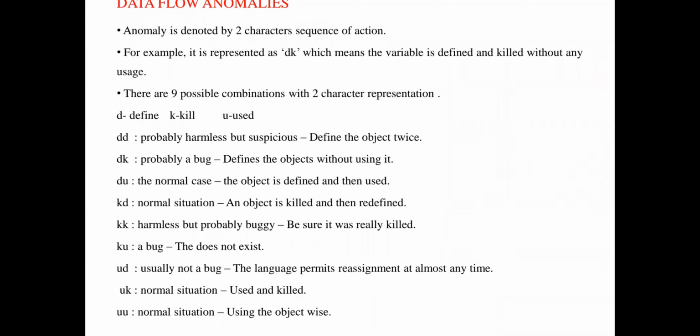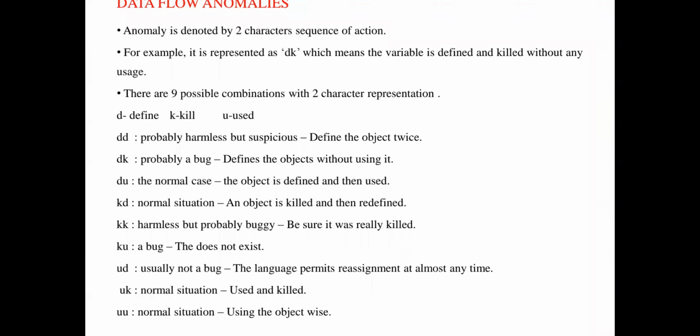The two characters represent the action of the sequence. The two characters will have two different meanings, and the meaning of the two characters together represents the anomaly of the data flow. So it gives the problem of a particular data flow in two characters.